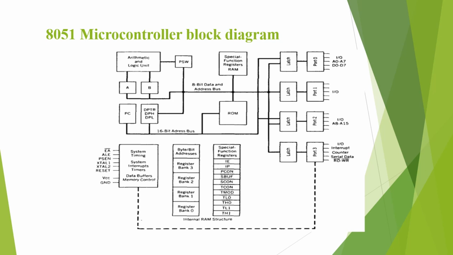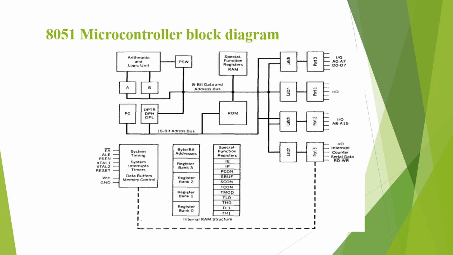In detail, the architecture can be seen in this particular block diagram. So the CPU part has the ALU, the registers A and B, program counter PC, and data pointer DPTR, which has DPH and DPL, data pointer high and data pointer low.